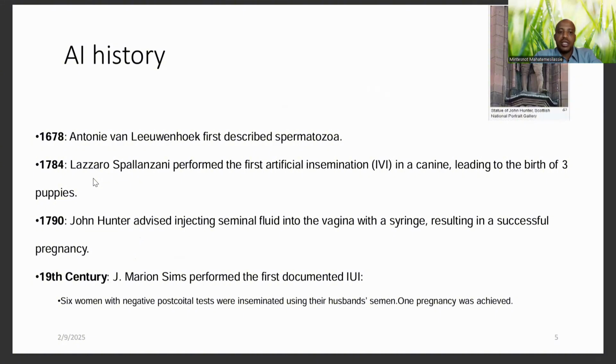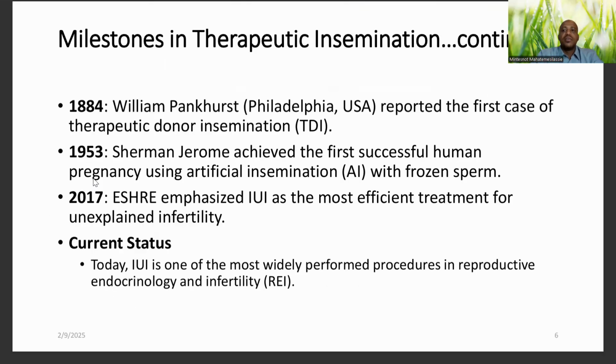Luckily, she got pregnant after this procedure, but the formal intrauterine insemination was done by John Marius Smith in the 19th century. He did it for 6 couples and he succeeded in one of the couples. The first therapeutic donor insemination was done by William Pancoast in 1884.